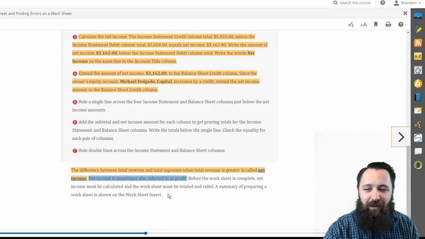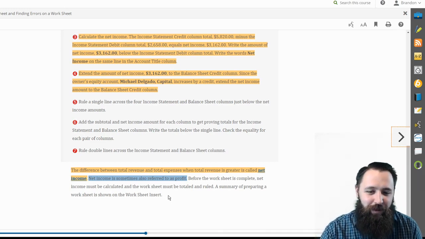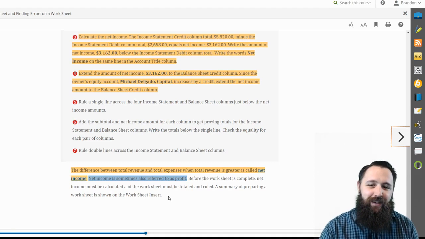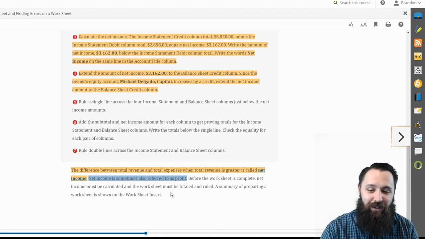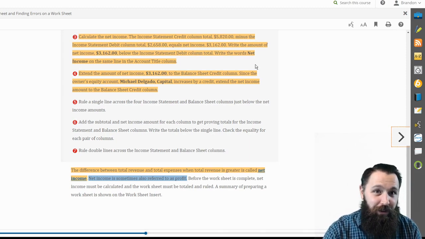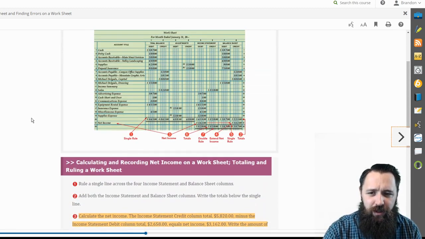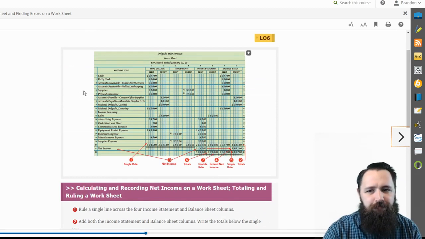We have weird companies out there like Netflix and a bunch of other companies that had net losses for a while, but still had a lot of people investing in them. But for the most part, if you're a small company, you're going to want to make a net income because sometimes this is also going to be referred to as your profit. So what do you get to take home at the end of the day from your business, or at the end of the month?